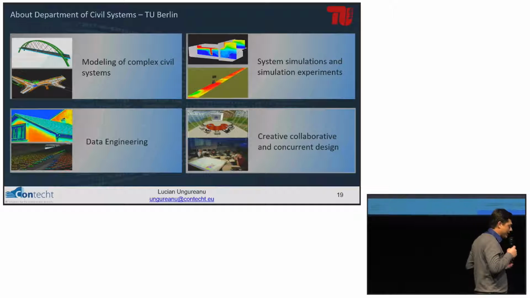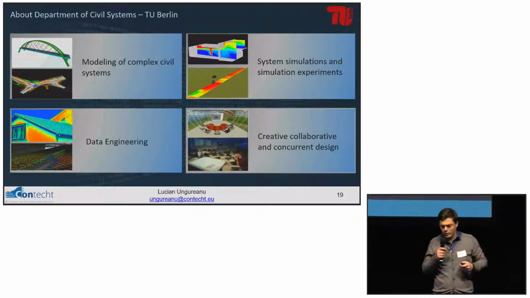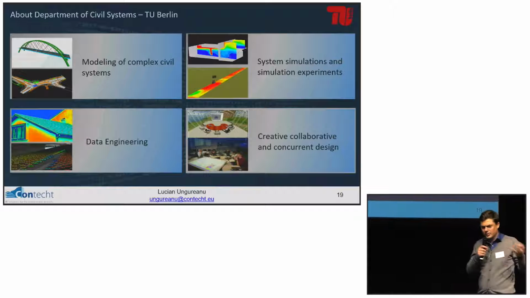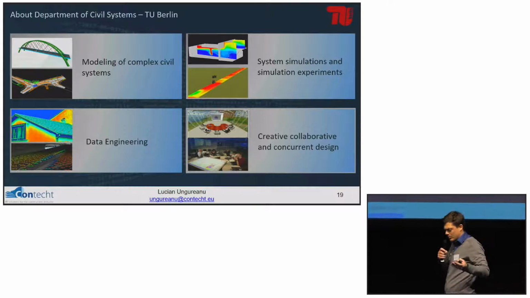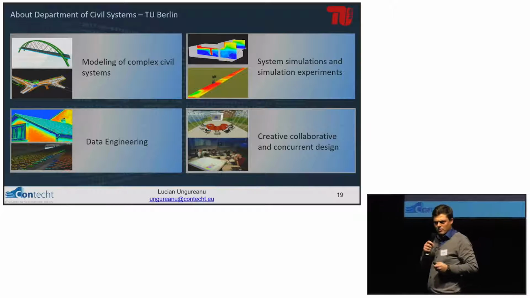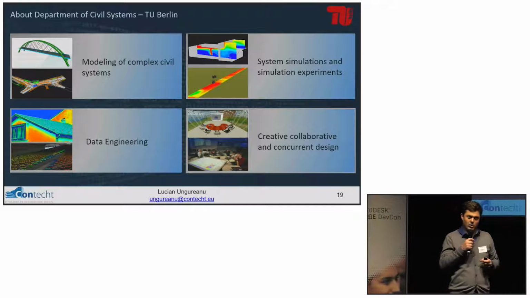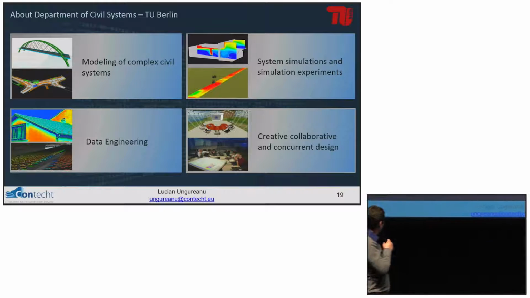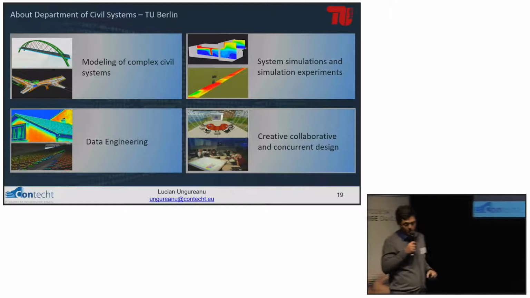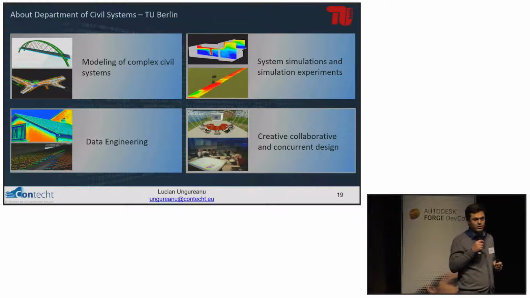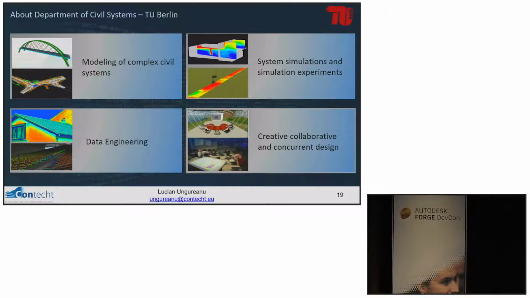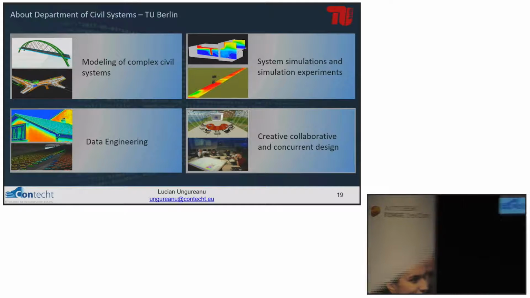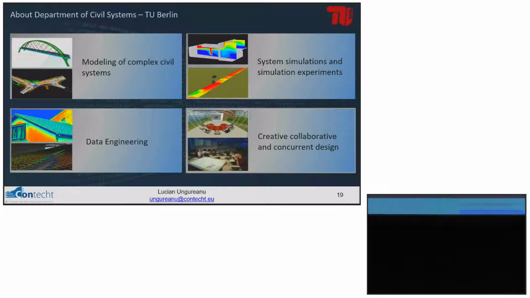And we also teach the students how to simulate various processes around civil systems, in the short term, like basic energy analysis, or in the long term, during the life cycle. More than that, we are also teaching our students how to use machine learning in the civil engineering field.